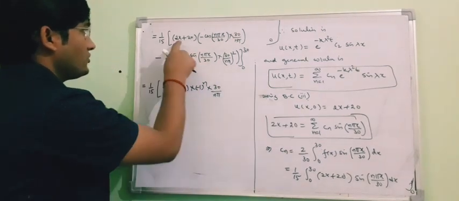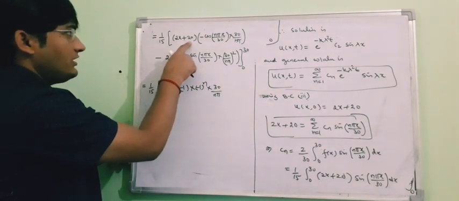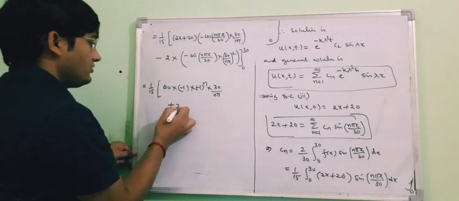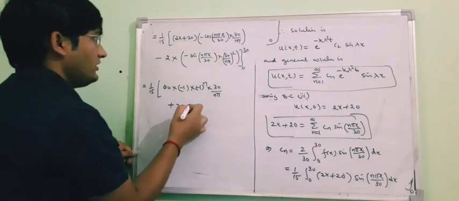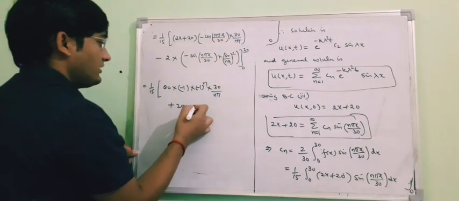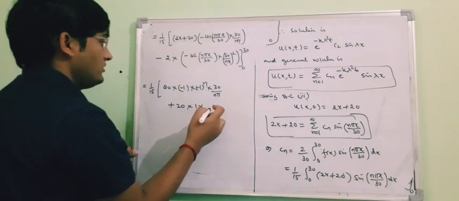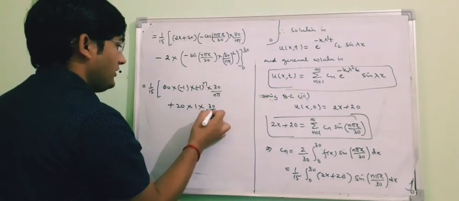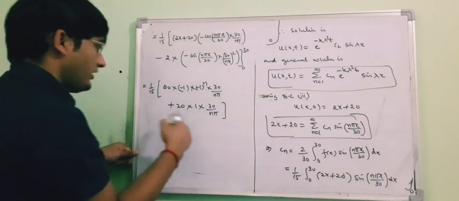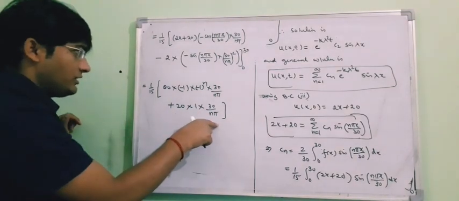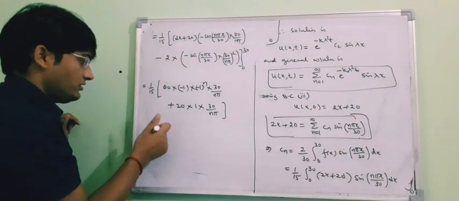Now if x is 0, then this will be 20, and minus minus is plus, so 20. If x is 0, that means cos 0 is 1, and we have 30 upon n pi. So from here you can see that 30 upon n pi is common, and again 20 is common.